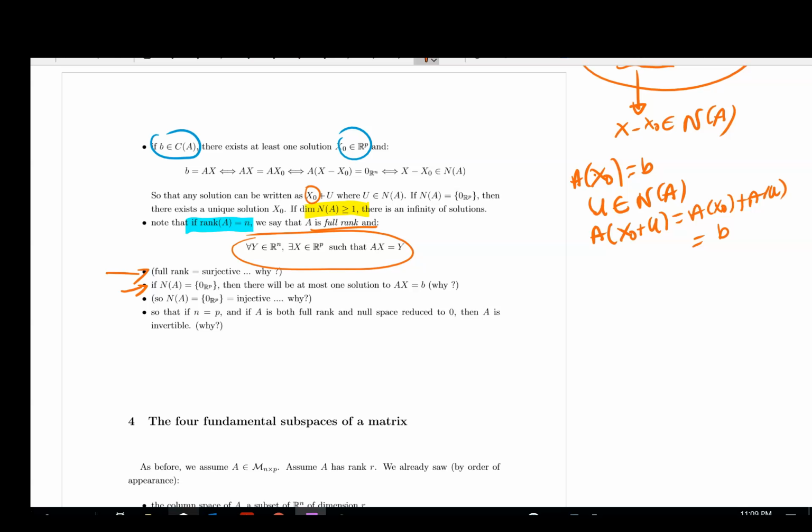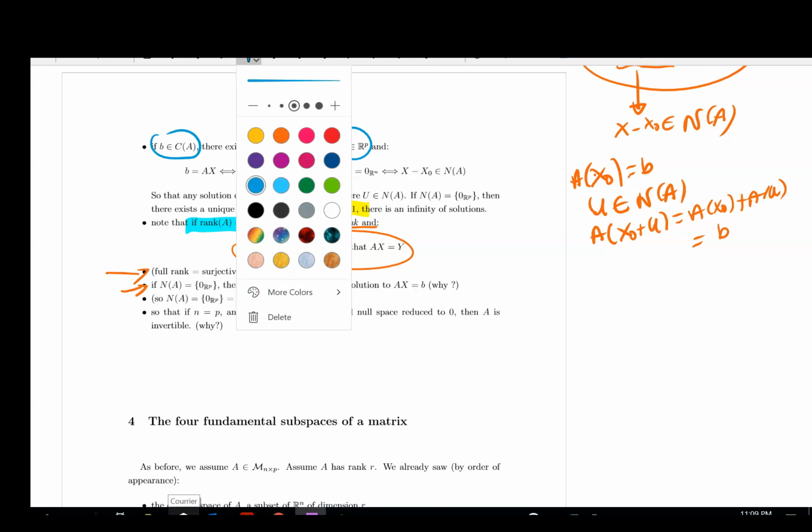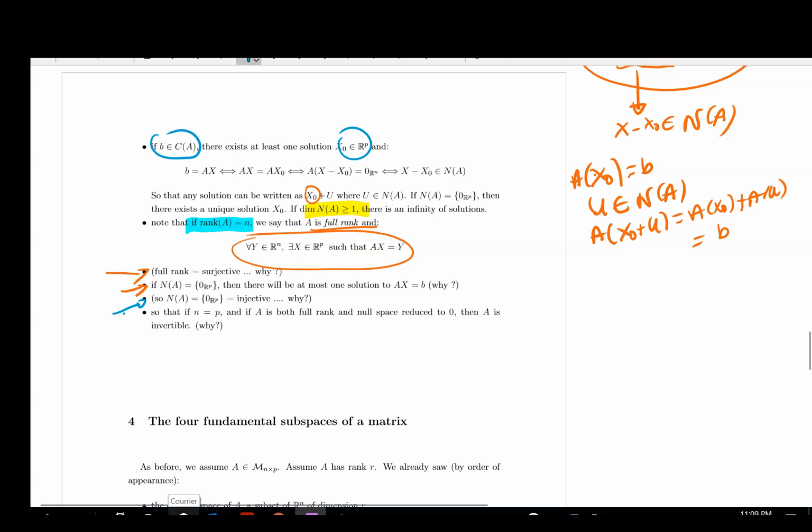Even if A is not full rank, try to think how the fact that the null space is reduced to only the 0 element is equal to injectivity. Maybe do that thinking now and later. These are very important ideas. Maybe we're not going to use them right now, but it should carve a path in your mind.